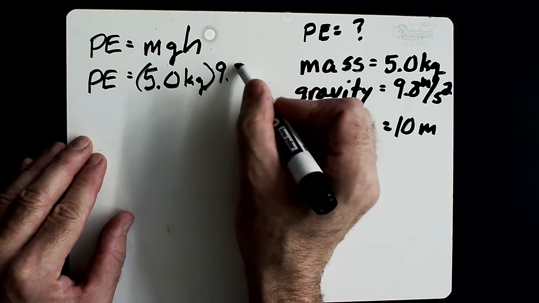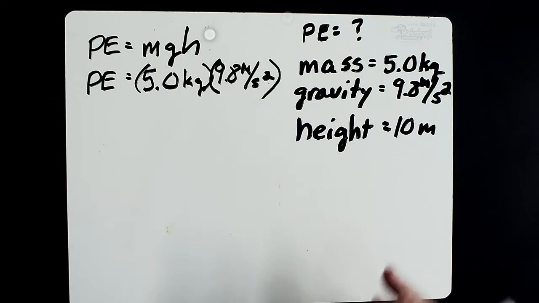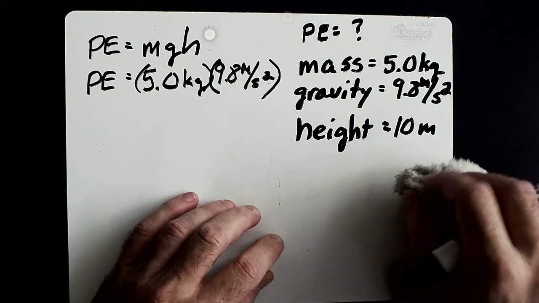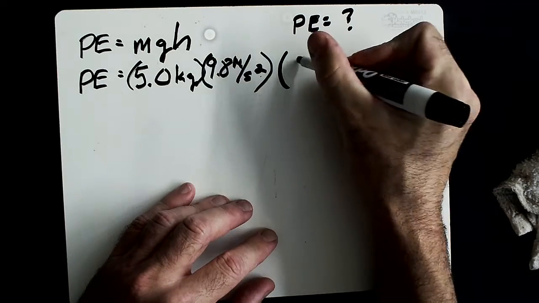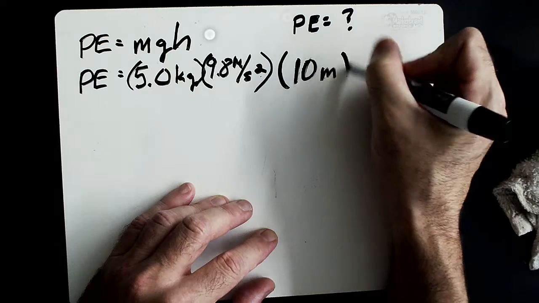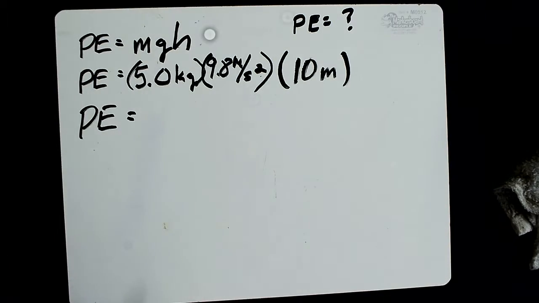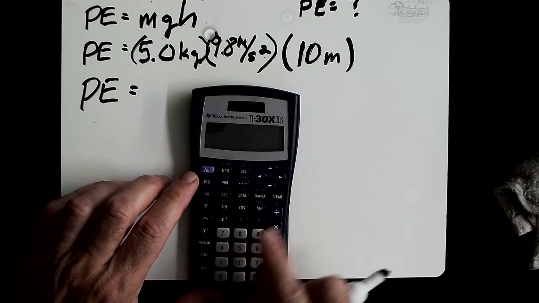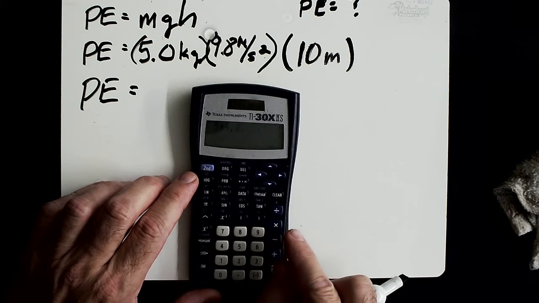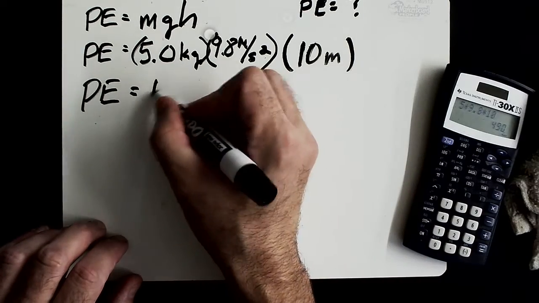Gravity is always the same. And height is 10 meters. At that point, all you do is multiply it through. So 5 times 9.8 times 10, 490.